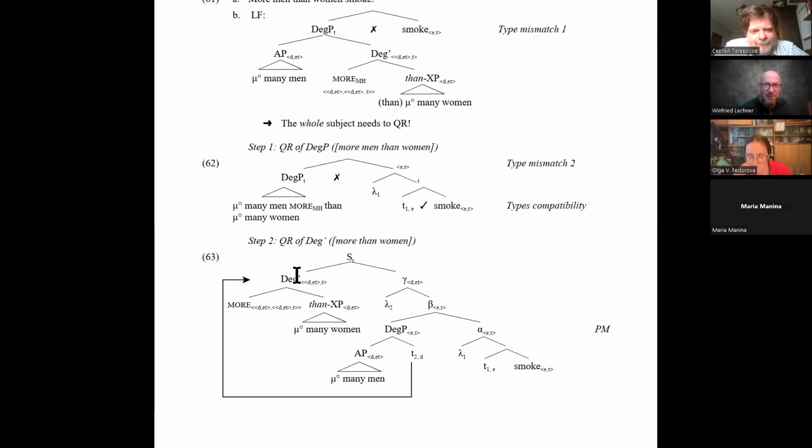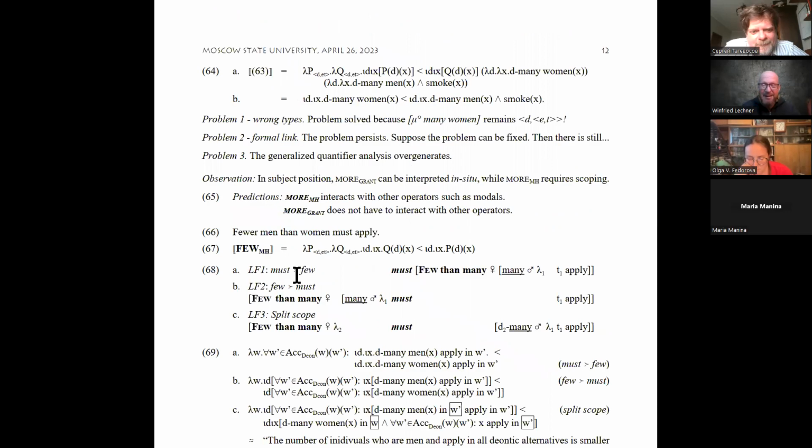Okay, did we gain anything? That's the question now. It looks good. It's like a car in which all the parts fit together, but it doesn't move, so it doesn't make too much fun. Well, the type problem is the one that I didn't go into, but it's easy to see where it is. The type problem is solved now because of the way that things are set up here.